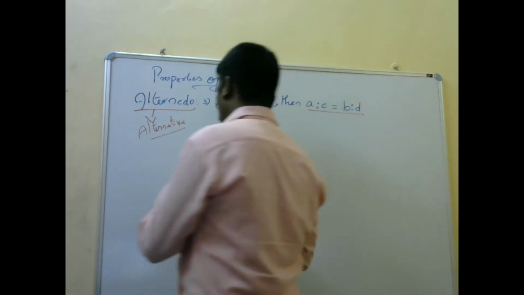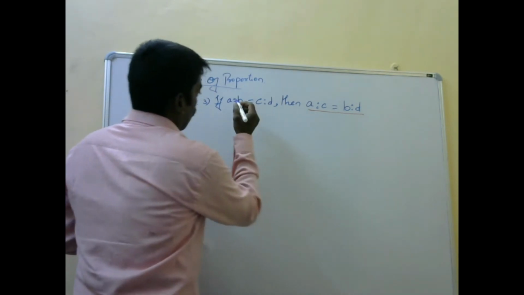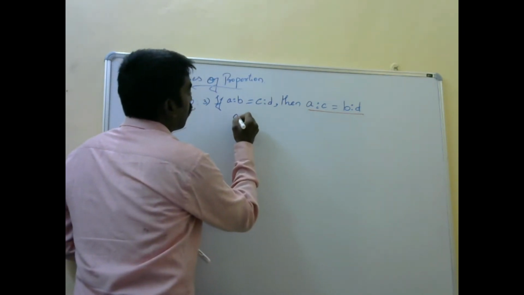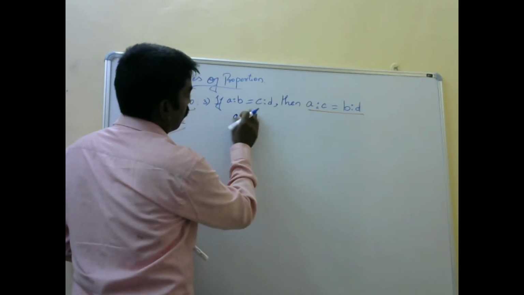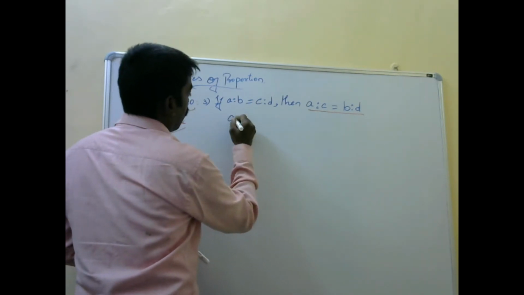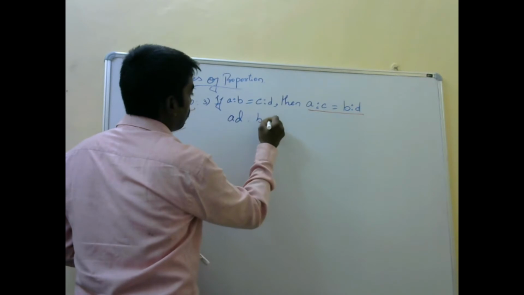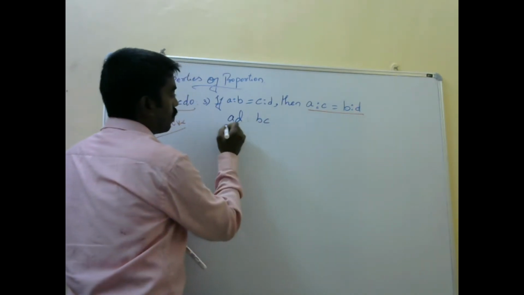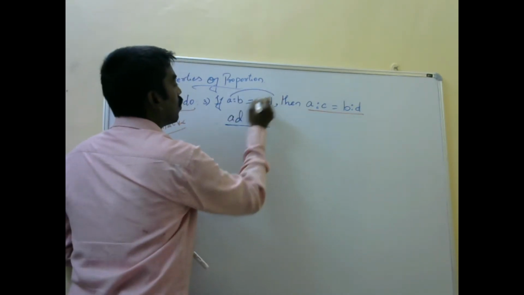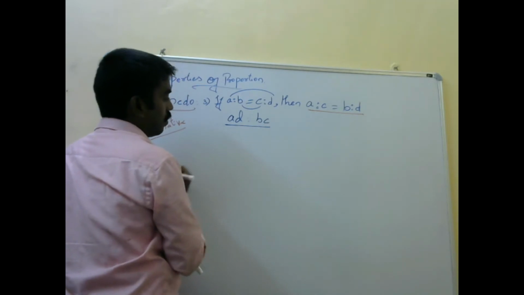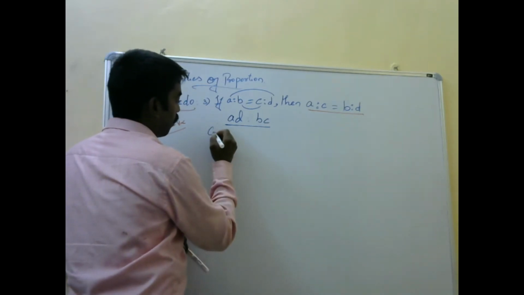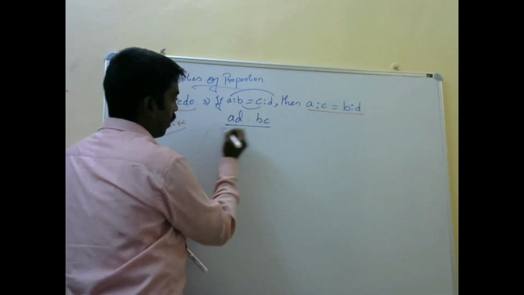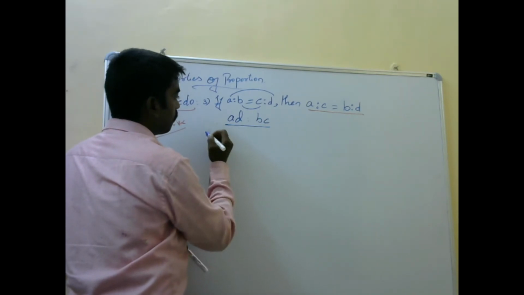So what the product rule says, AD is equal to BC. Can you remember this? So by dividing this by BC.